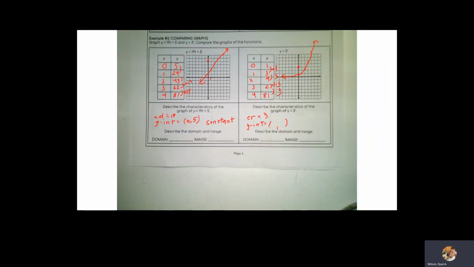So your y-intercept for the second problem is going to be 0, 1. And now is it constant or increasing? Increasing, because it's an exponential function. Very good, very good.